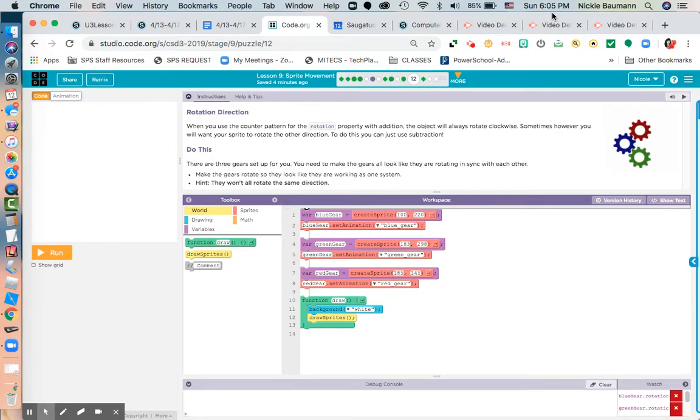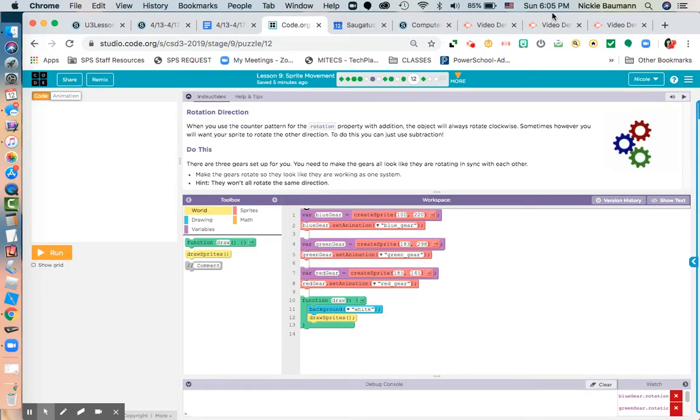But it doesn't mean we're not going to necessarily add or subtract. So if we want it to rotate clockwise, we're going to add. If we want it to rotate counterclockwise, meaning rotating left, we're going to subtract, just to keep that clear.